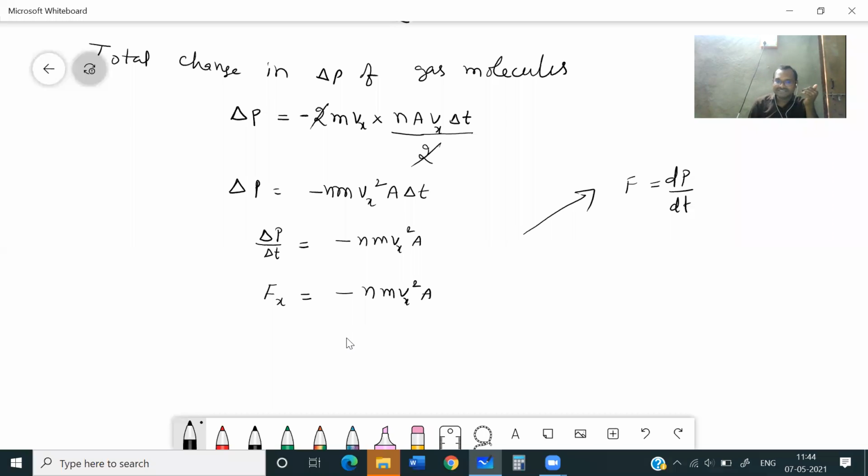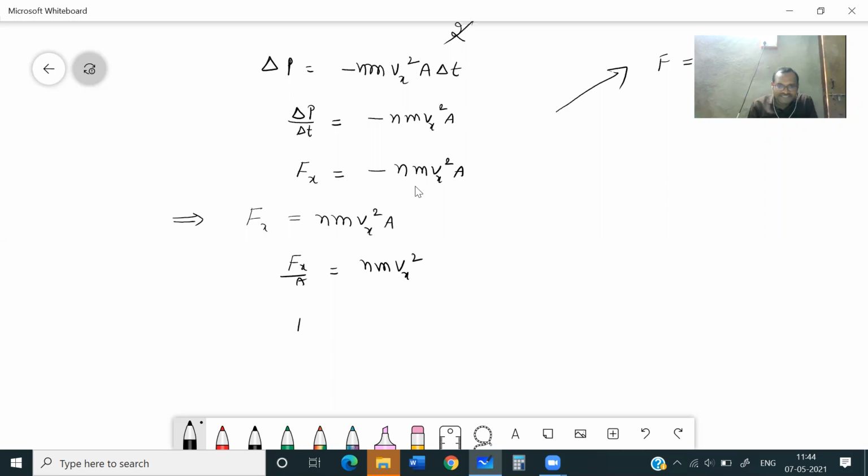How much force will the walls exert on the gas? That is nothing but Fx is equal to, negative sign will be removed. Okay, this is the force exerted along x-axis. Okay, so then what is force upon area? That is nothing but n m vx square. Now we know force upon area is nothing but pressure. That is pressure along x-axis is n m vx square.